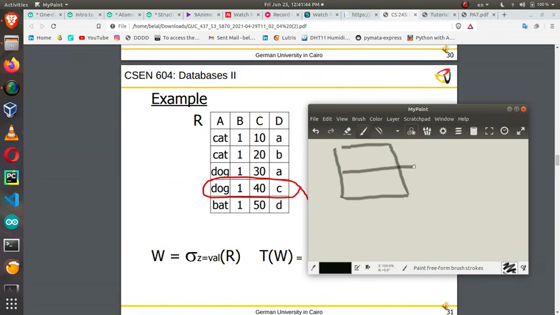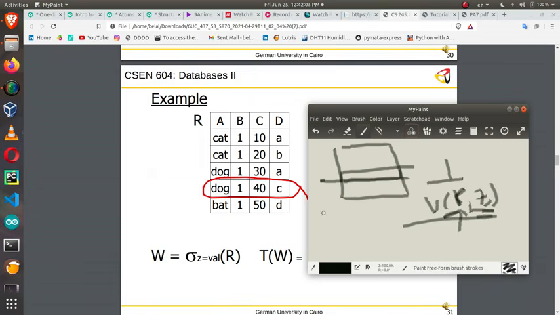The probability that a specific tuple belongs to the result set is 1 over VRZ, okay, VRZ, the number of distinct values in table R for column Z.